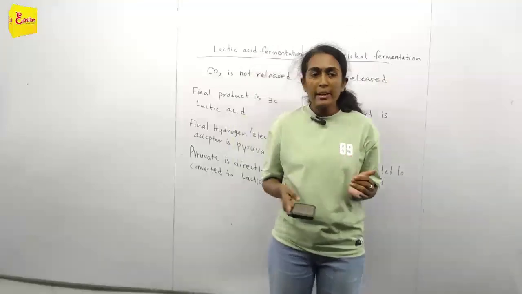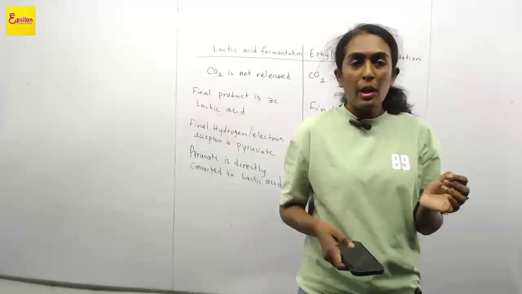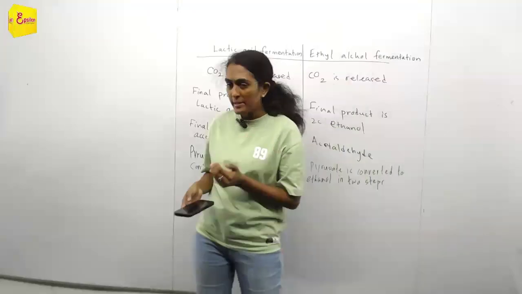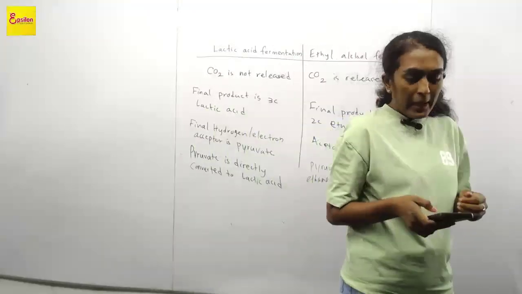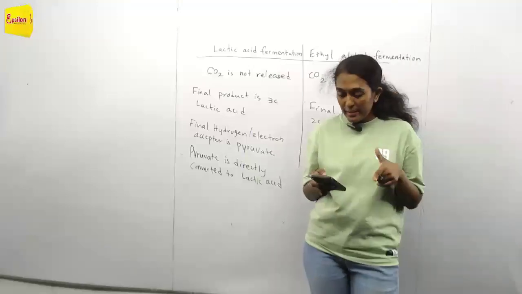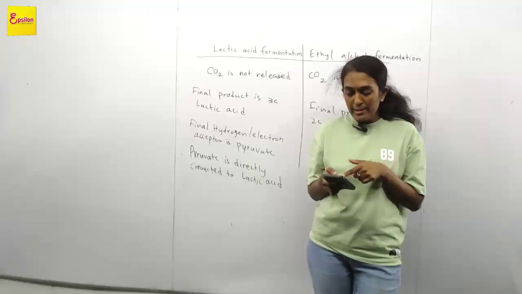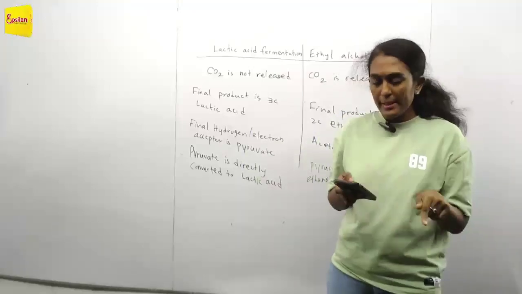Then sugars such as maltose and lactose are also converted into their monosaccharides and enter into the glycolysis pathway. And there's one more arrow from sugars to glyceraldehyde 3-phosphate. Make it one arrow, sugars to glyceraldehyde 3-phosphate.